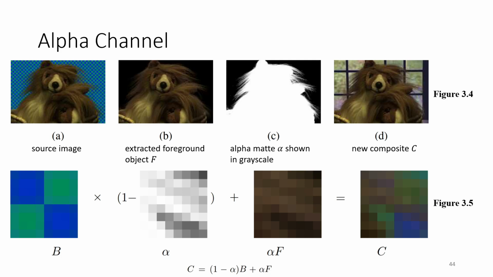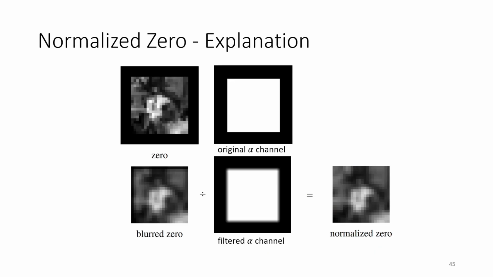So the alpha channel, or the value of alpha, means how much the pixels will come from the foreground image. If you have a zero padded image and you set the alpha channel like this, the bright means it is the pixel of the original image, and the zero means it is padded out.